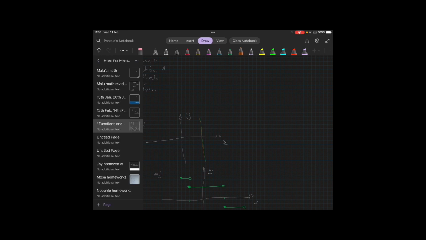Let's visit the rule again. If more than one intersection point exists, then the intersection corresponds to multiple x values.